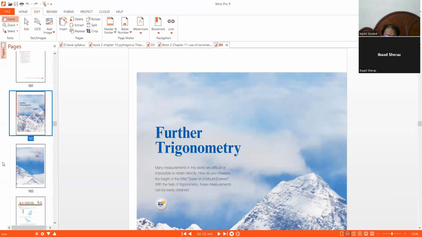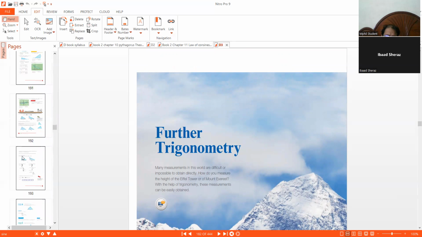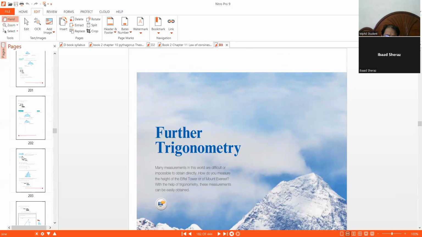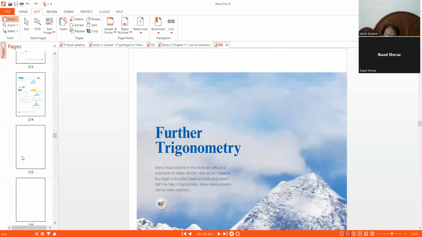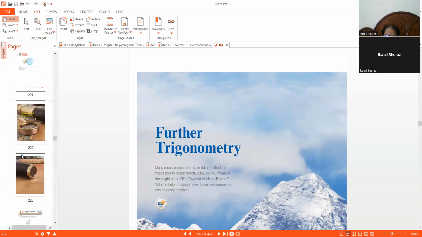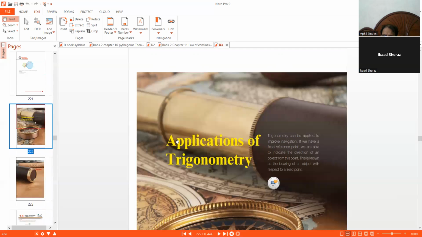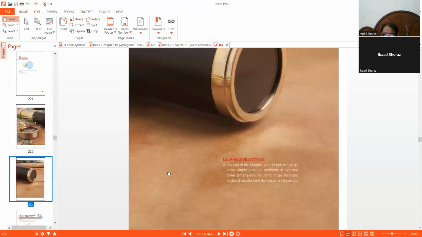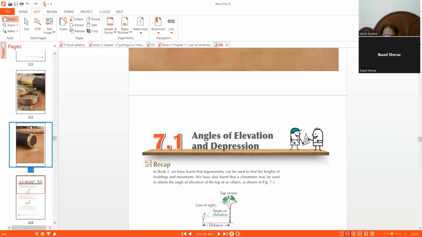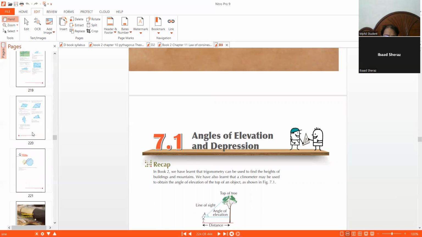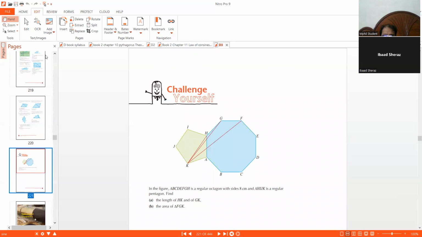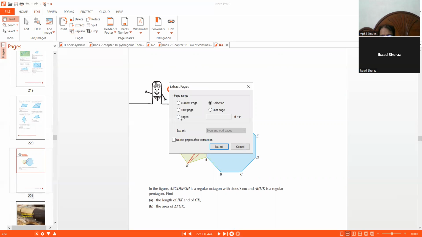Pages 182 to 221, extract, Chapter number 6.